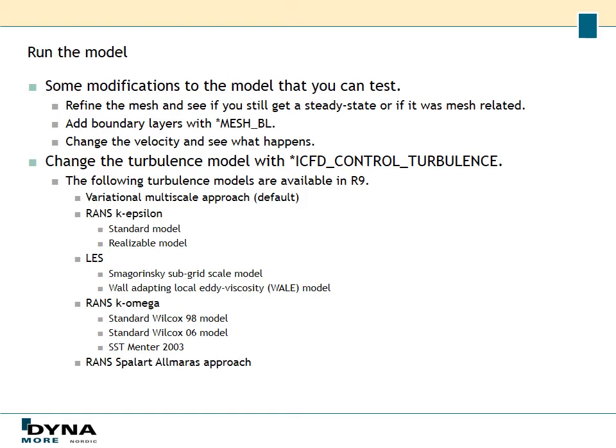And then we have the RANS k-omega models. Here we have standard Wilcox 98 model and standard Wilcox 06 model, and the SST Menter 2003. And then we have the RANS Spalart-Allmaras approach.